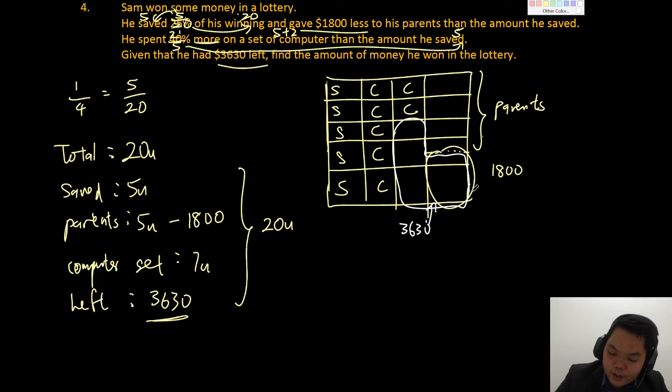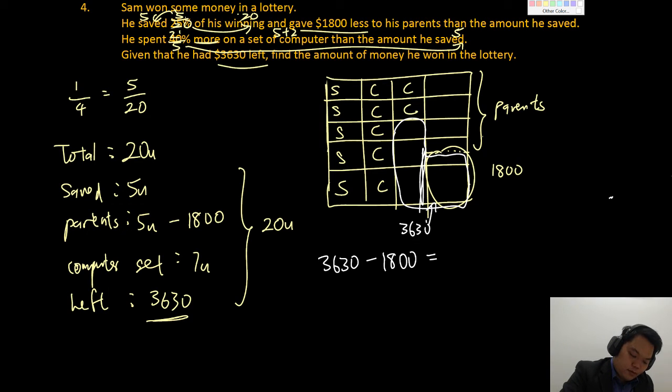So if this is the case, if we are to cut off this 1800 here, you can see that it's going to give us $1,830, which is also these 3 units over here.